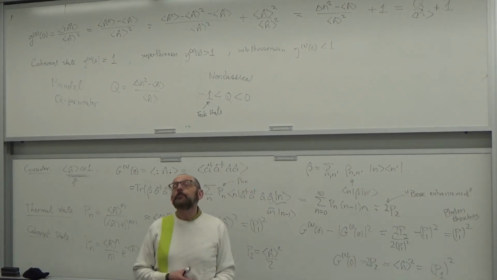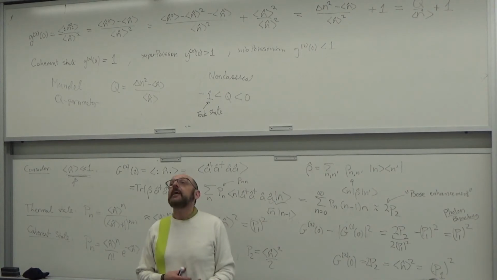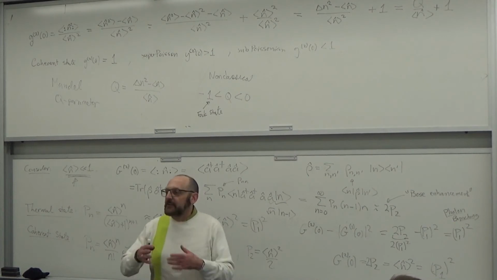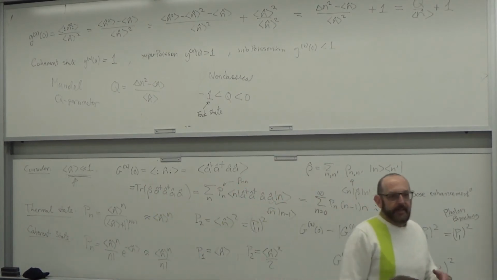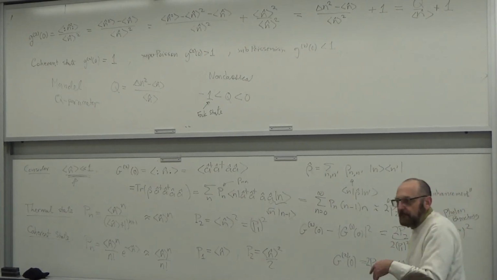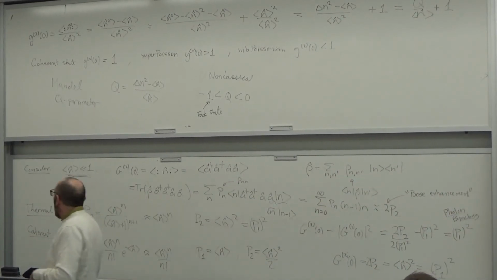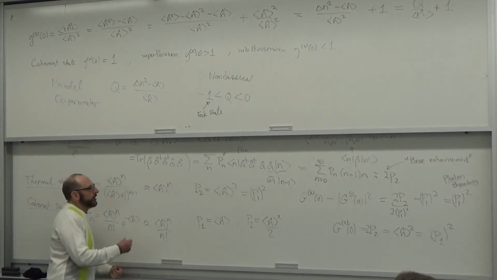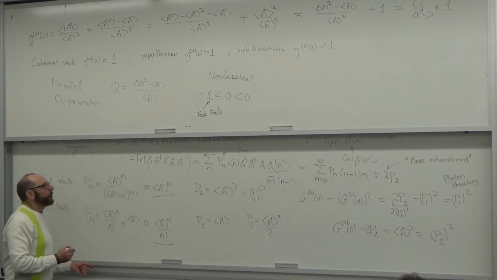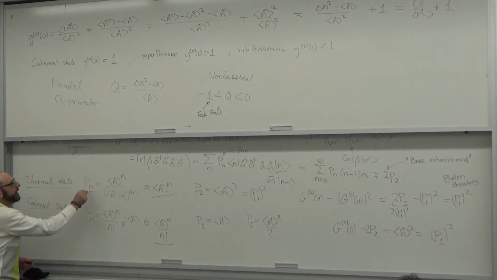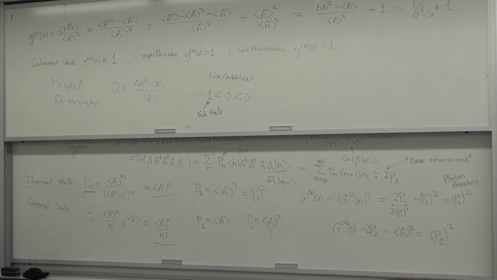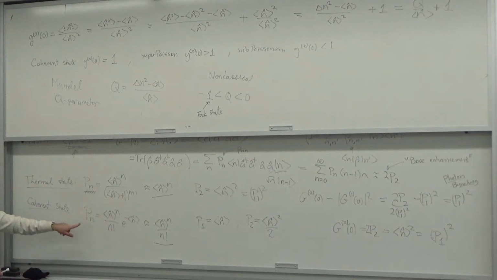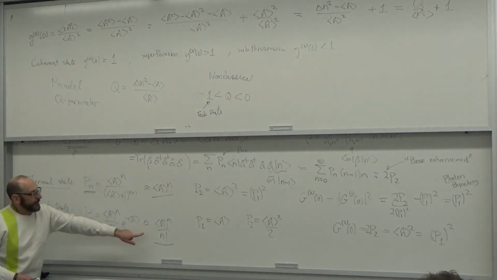So here's my photodetector. Nothing, nothing, click, click, click, nothing, nothing, nothing, nothing, nothing, click. So on average I see nothing. I mean, I see very small, but I see fluctuations. And I have these different distributions. For a thermal state, the probability that I'm going to see n clicks in that interval is this number. For the coherent state, this is the probability.